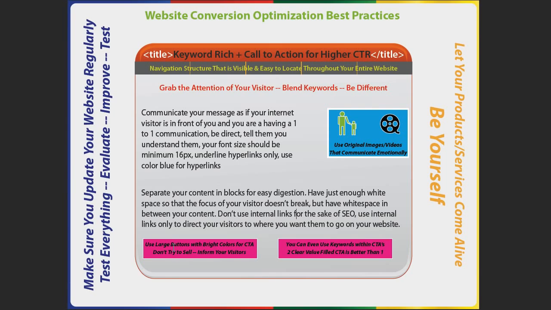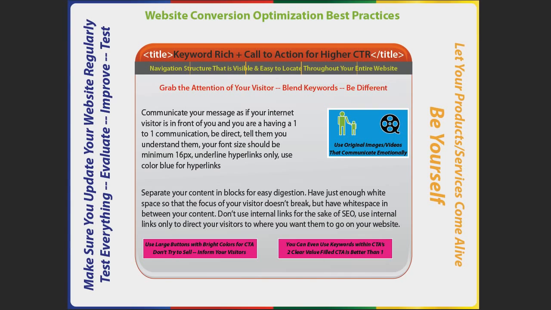Also, with your calls to action, you can use buttons with bright colors, or you can even use keywords in your calls to action, or you can mix and match. You can have two different products, if you're selling products, and let your visitors compare.